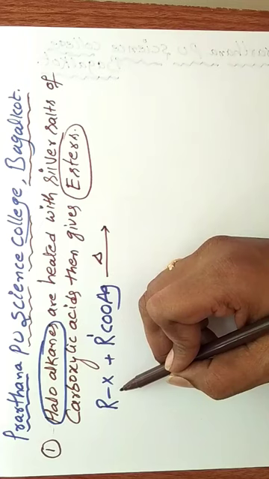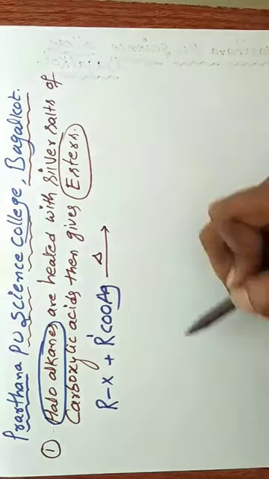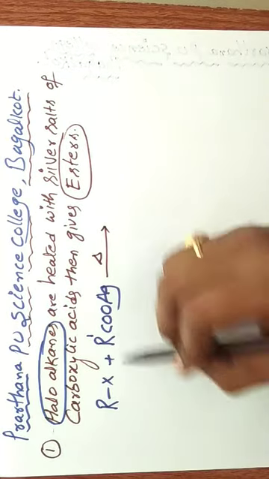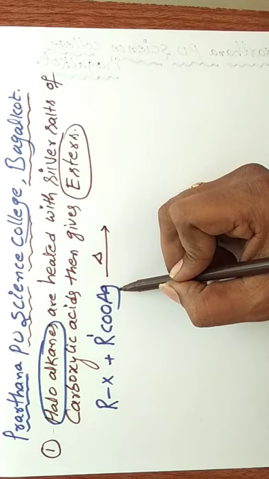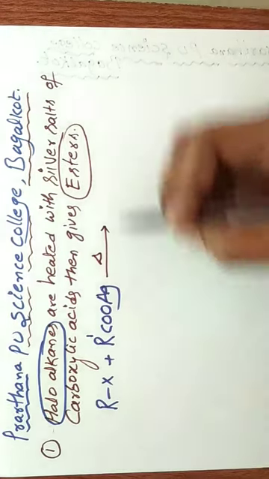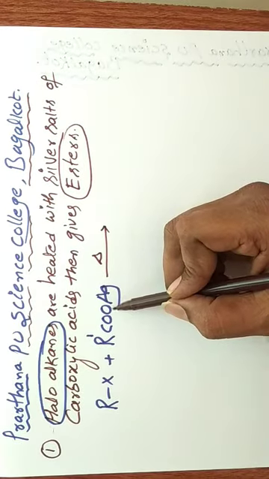This is the alkyl halide or haloalkane, and this is the silver salt of carboxylic acid. The halogen atom and the silver atom combine with each other, and we get AgX. The alkyl group is attached to oxygen.